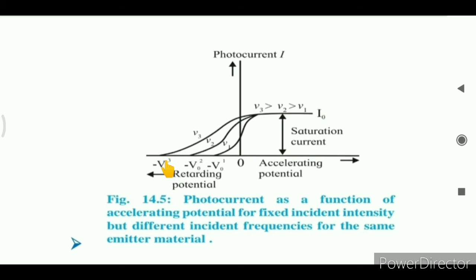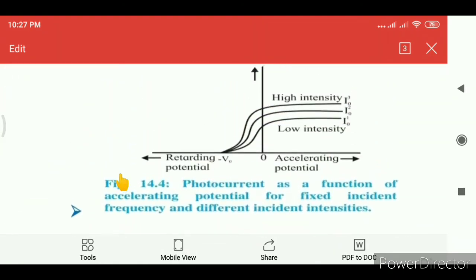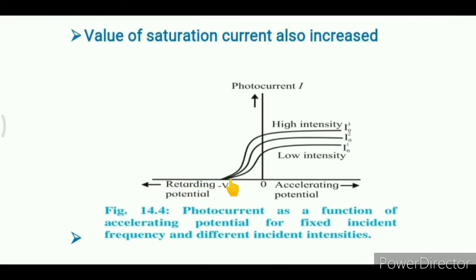And just recall once, when the negative potential is applied on the collector plate C and the intensity is increased, as we increase intensity 1, 2 and 3, the photoelectric current increases, but the value of the stopping potential is the same for all values of the increasing intensity.